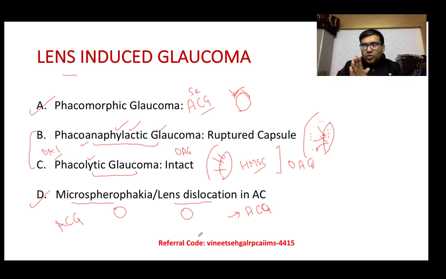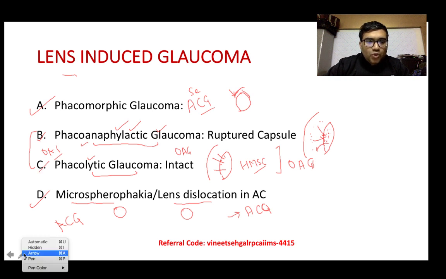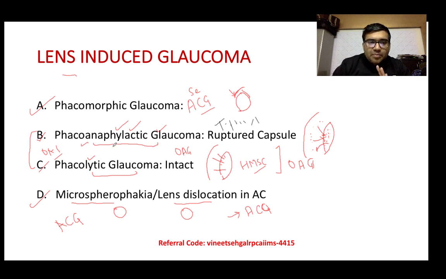Now, one question they can also ask is how to treat a lens induced glaucoma. Remember, you do not have to do a filtering surgery. In options B and C, you just control the uveitis with topical steroids and do a cataract surgery.